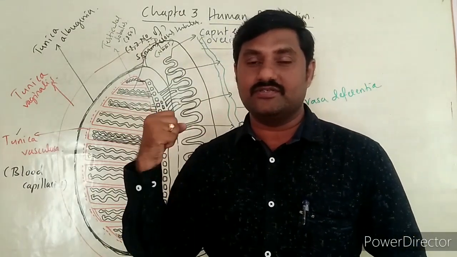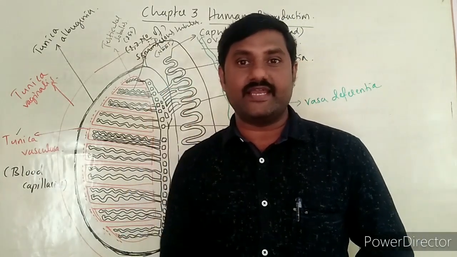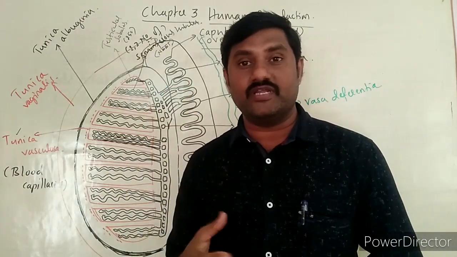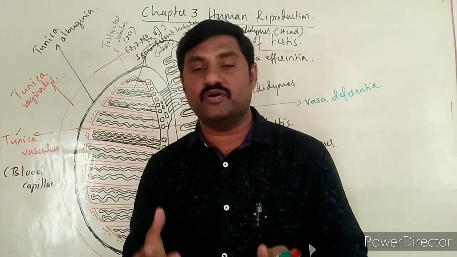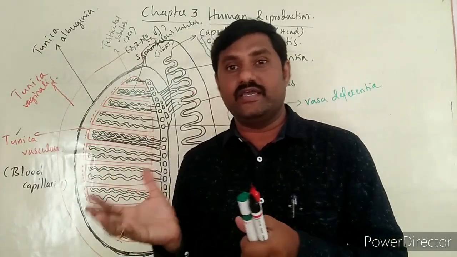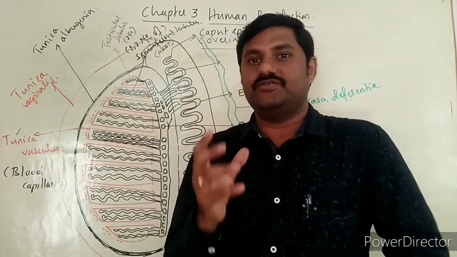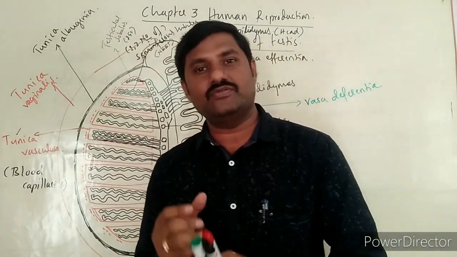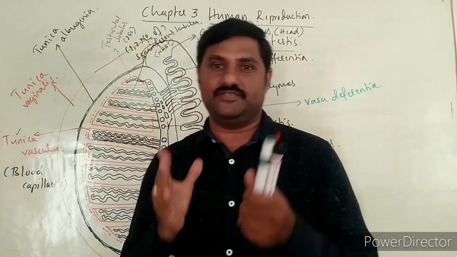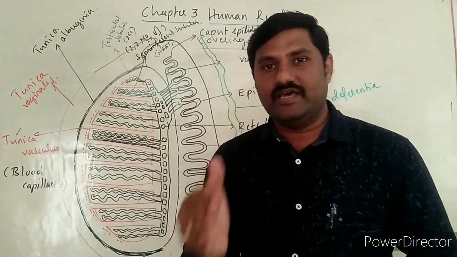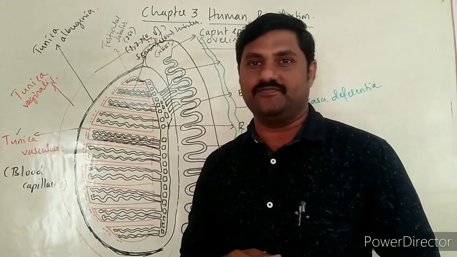How the glands are, what they secrete, and how they contribute to producing the sperms as well as other ingredients all together to form the semen, thick whitish. How semen forms, this is what we are learning in the next coming classes, right?